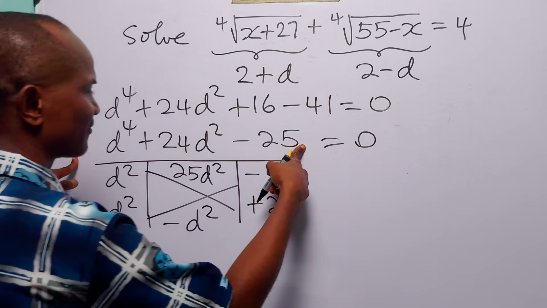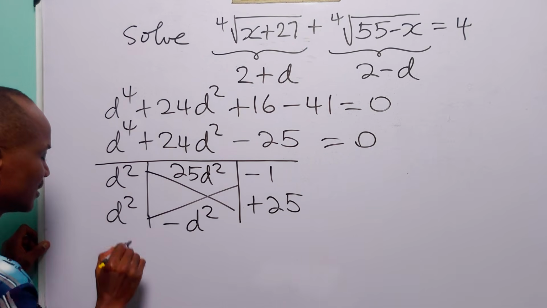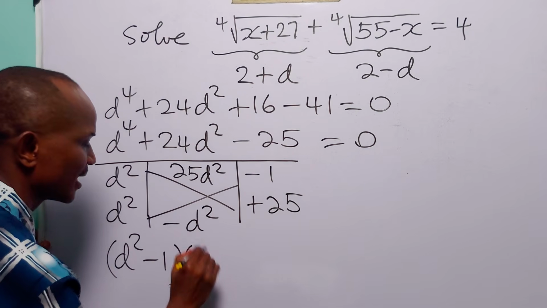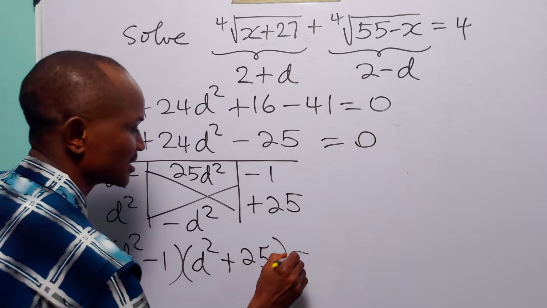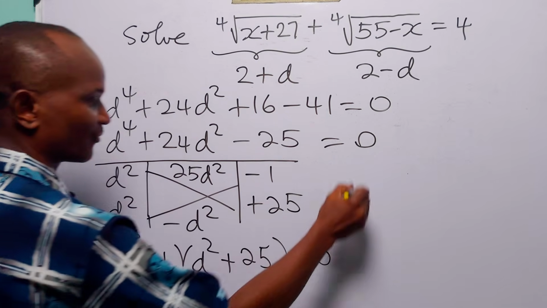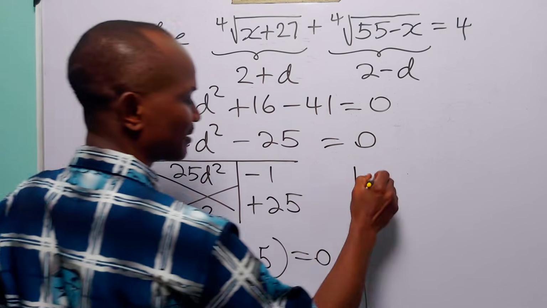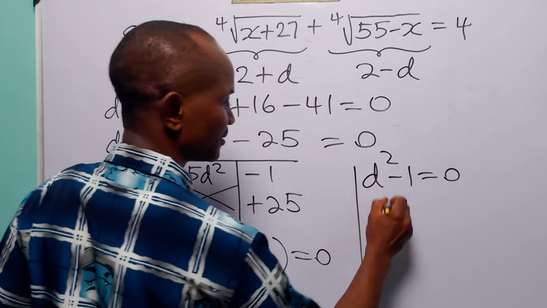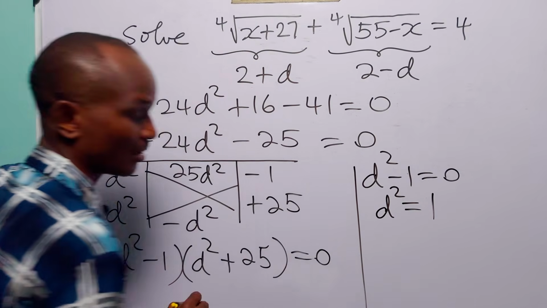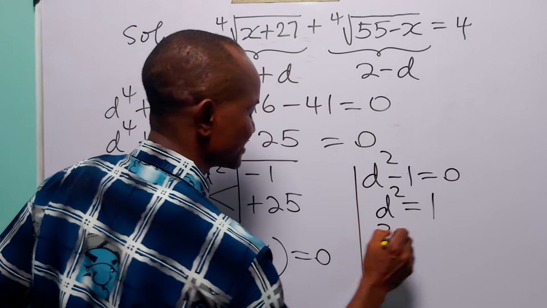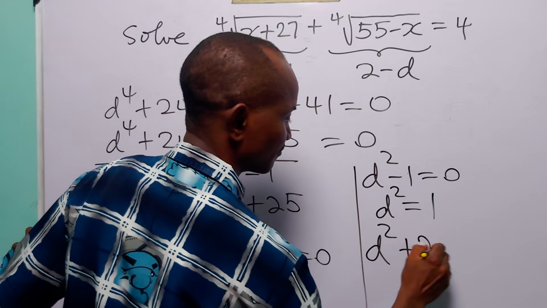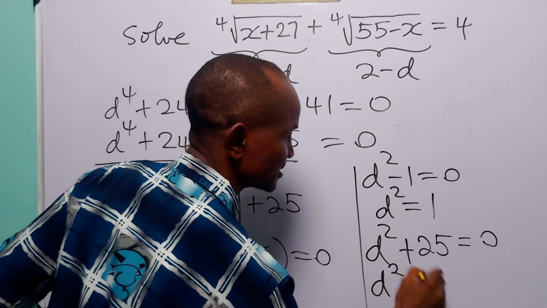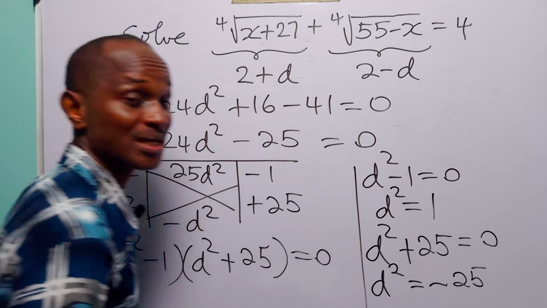So when we factorize the left-hand side of this equation, we have d squared minus 1 times d squared plus 25 is equal to 0. And of course, from here, we have that either d squared minus 1 is equal to 0, from where d squared is equal to 1, or d squared plus 25 is equal to 0, from where d squared is equal to minus 25.